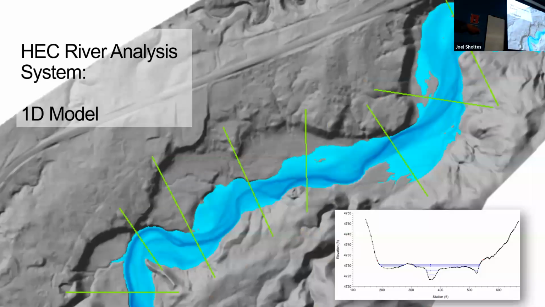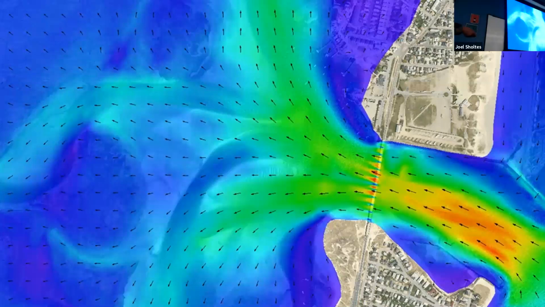So a flow line for a one-dimensional model would just be due, right? We only have one velocity, one flow depth, but in a two-dimensional model, each cell has a velocity and flow depth. And so we can track where flow disperses. This is flow coming through an estuary out into the ocean through a bridge. And you can see where we have really high velocities and how the flow disperses into the ocean.